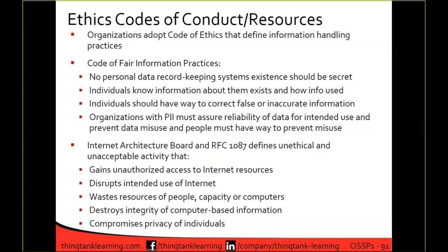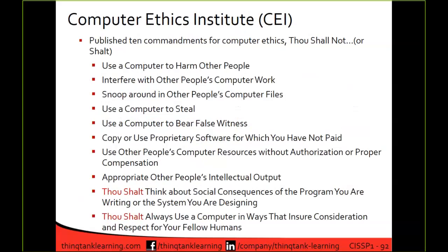That is considered to be unethical. Anything that wastes resources of people, capacity, or computers, meaning things like denial of service attacks and utilizing systems for what they're not intended for. Anything that destroys the integrity of a computer-based information system or compromises the privacy of an individual. All right? Not rocket science here. This is a pretty easy concept to understand.